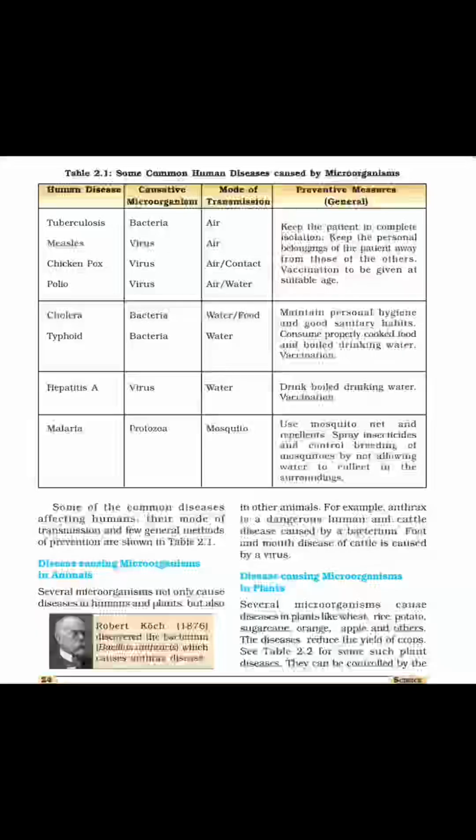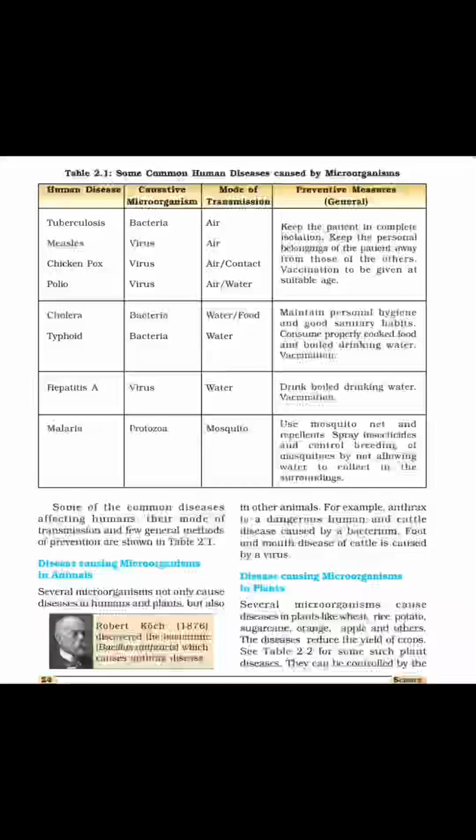And next, cholera and typhoid, both caused by bacteria. Cholera spreads via water and food, typhoid by water. Prevention focuses on good personal hygiene, sanitation, eating properly cooked food, and drinking boiled water. Vaccination is also available for typhoid.